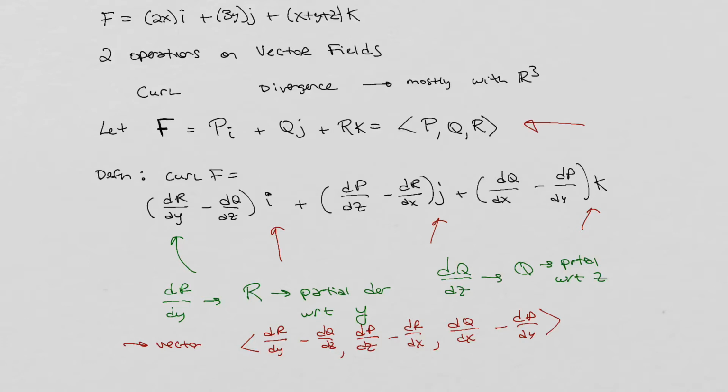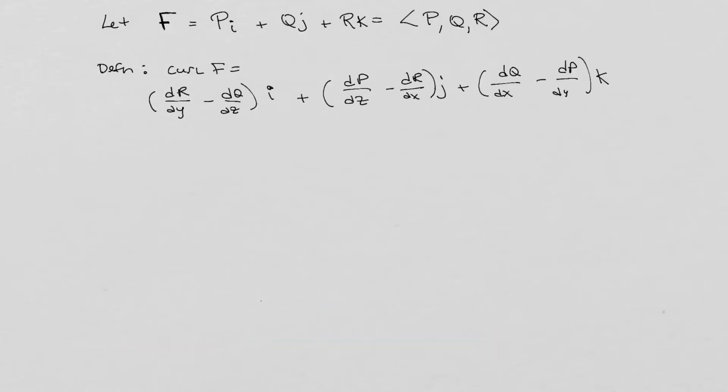Okay, so let's think about maybe ways we can remember this formula a little bit easier. Let me clean up this workspace a tad, and let me give you just a little bit more notation. Oops, sorry, I forgot to put my pen back on. So here's a little bit more notation for you.